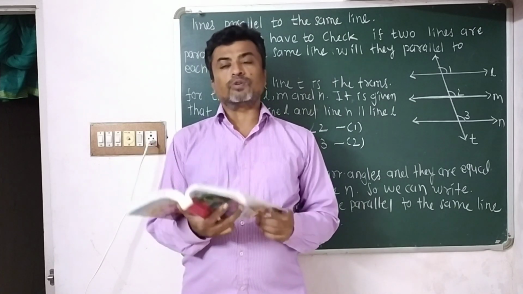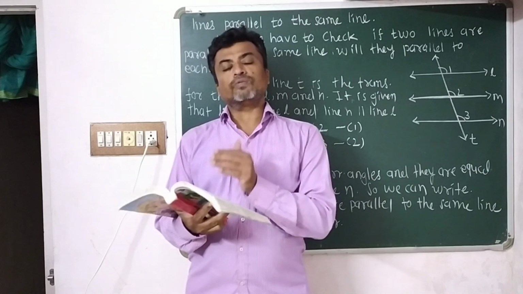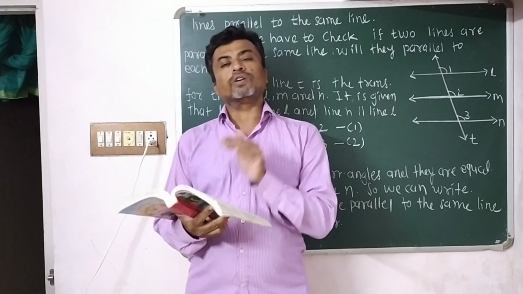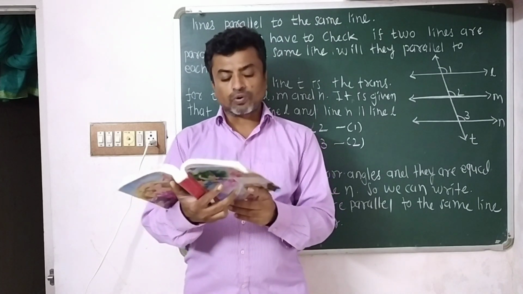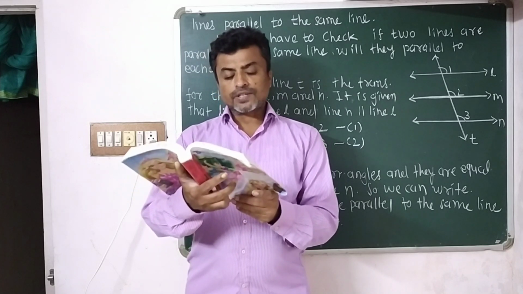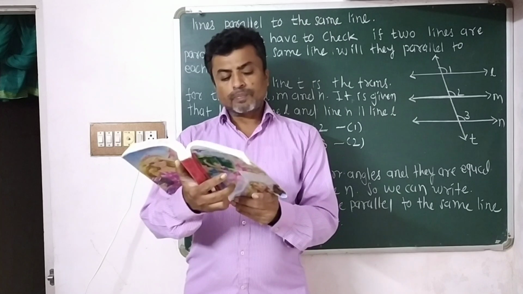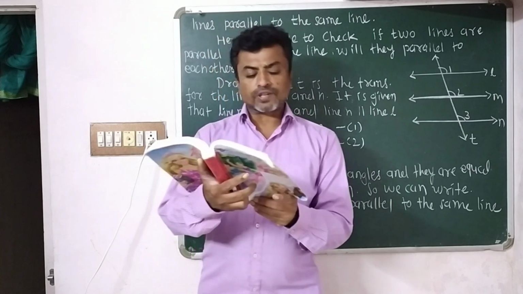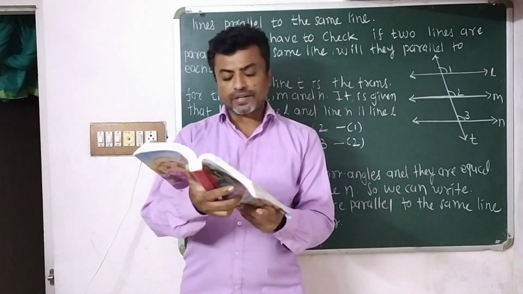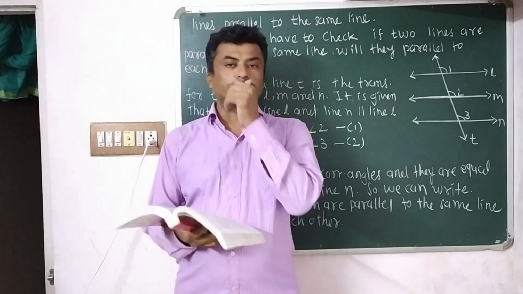Now Theorem 6.5. Theorem 6.5 is the converse, or reverse, of Theorem 6.4. So see children, if a transversal intersects two lines such that a pair of interior angles on the same side of the transversal is supplementary, then the two lines are parallel.